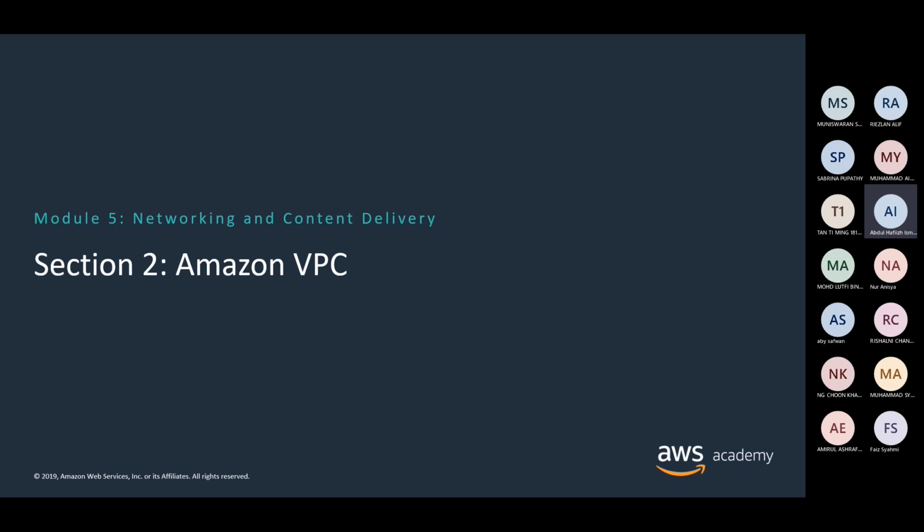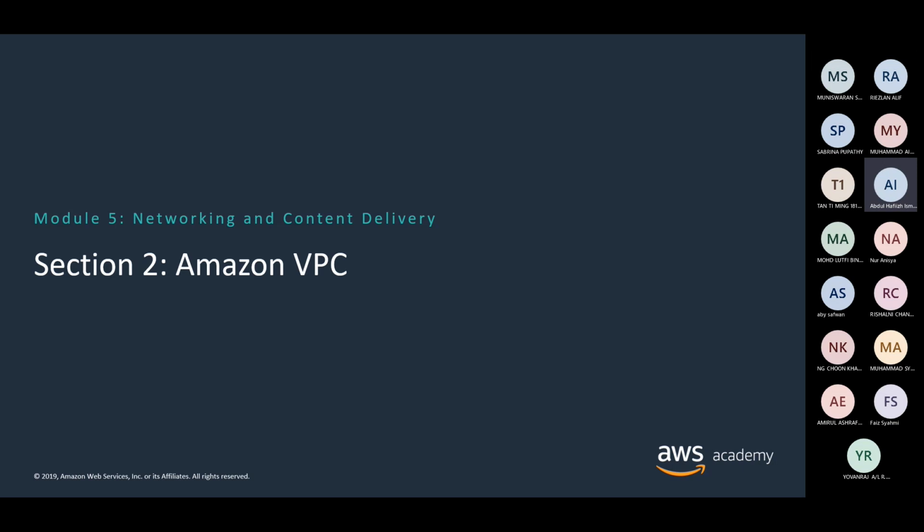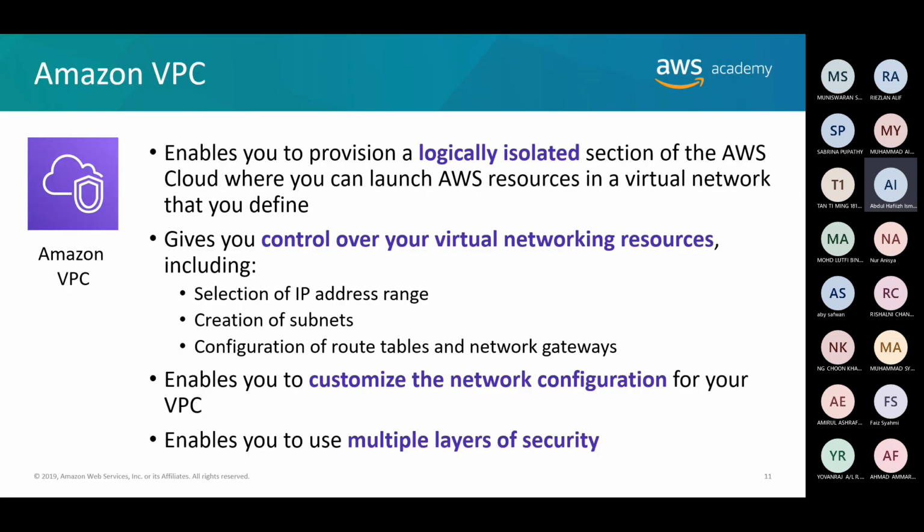So many of the concepts of on-premises networks apply to cloud-based networks, but much of the complexity of setting up a network has been abstracted without sacrificing control, security, and usability. In this section, we will learn about Amazon VPC and the fundamental components of a VPC.